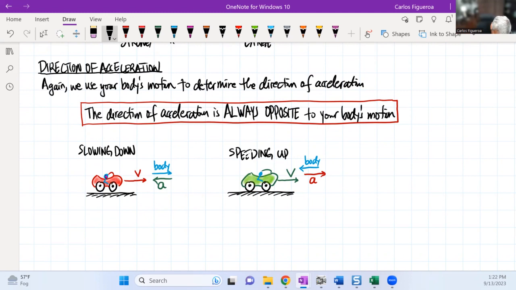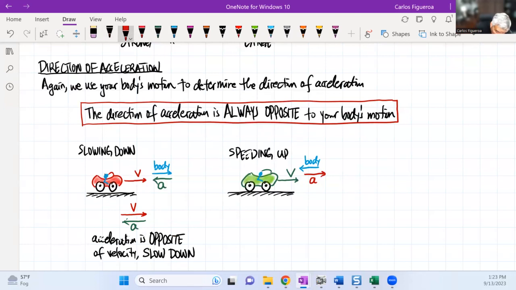So if my acceleration is in the opposite direction of the velocity, right? So we're seeing here that the acceleration is opposite of velocity, then we slow down.